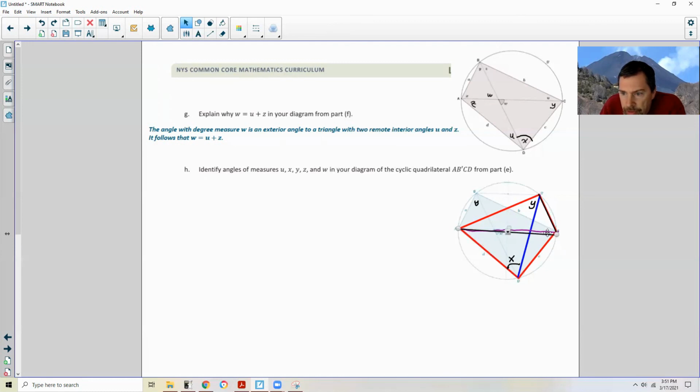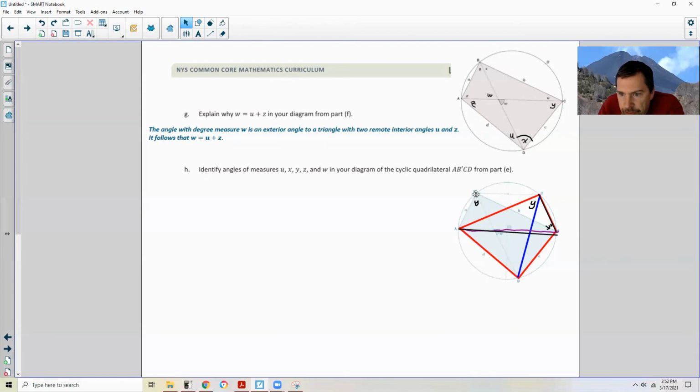Okay, so this angle right here is X. This is a little tricky. So that's X. Y goes down to here, but so does this one.